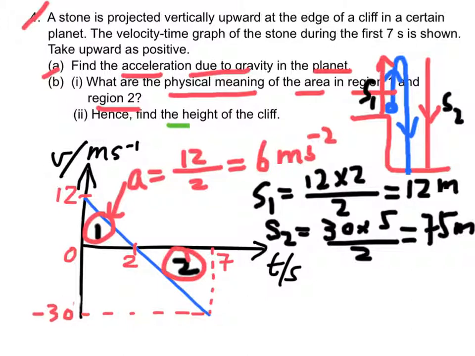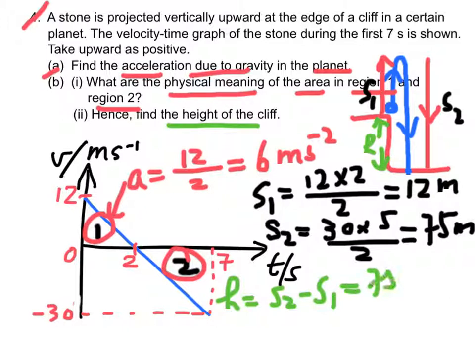Therefore, the height of the cliff h would be equal to S2 minus S1, which is equal to 75 minus 12 equal to 63 meters.